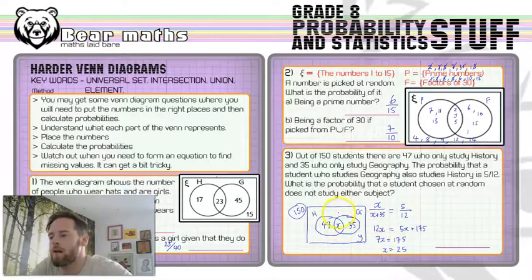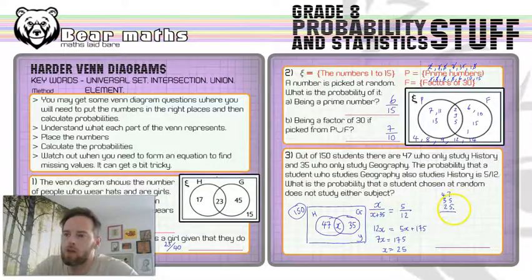Once we've found that X is 25, the rest of the question's easy because we can add 47, 35 and 25 together, and we can do a simple calculation working backwards there.